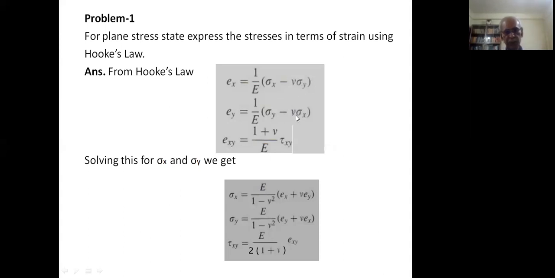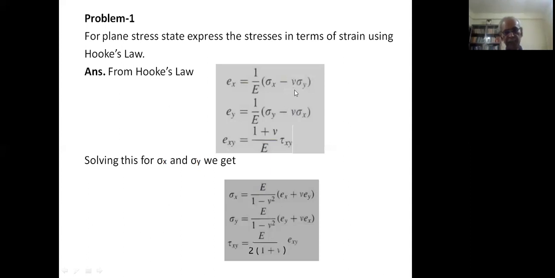Two equations, two unknowns. It's very simple. If you do that, you will see that sigma x comes out to be E by 1 minus mu square epsilon x plus mu epsilon y, and sigma y is equal to E by 1 minus mu square epsilon y plus mu epsilon x.